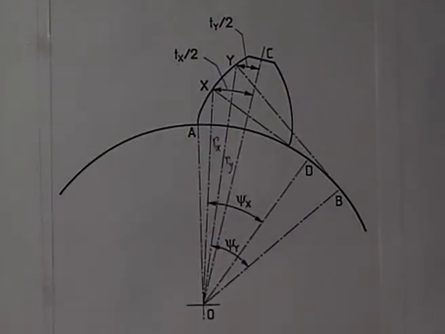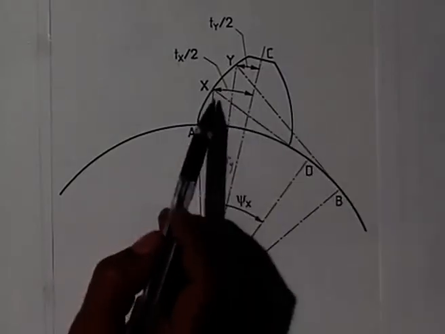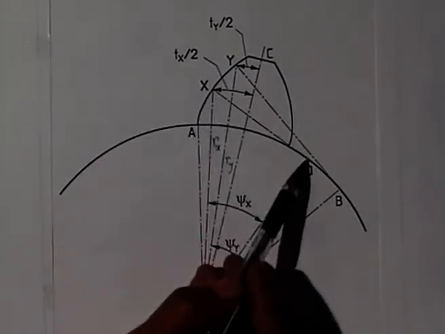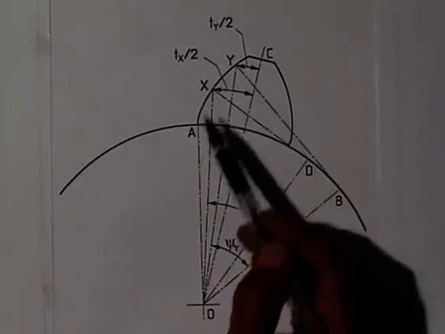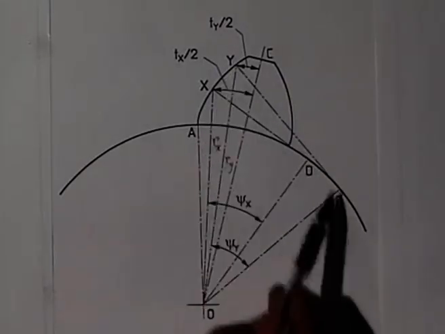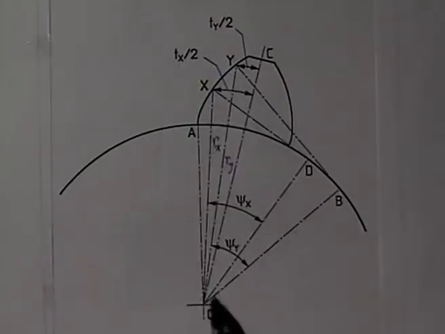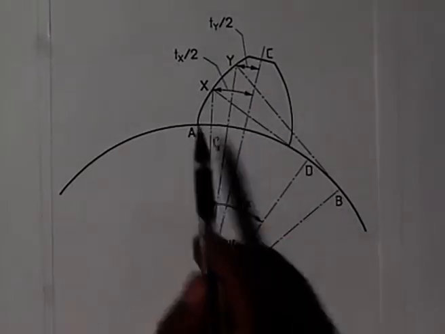To do this, first we note when the involute was at x, the string is DX. This is the length AD which has become DX, and when we come to the point y, the string is represented by BY. This is the tangent, BY is same as the arc length AB.